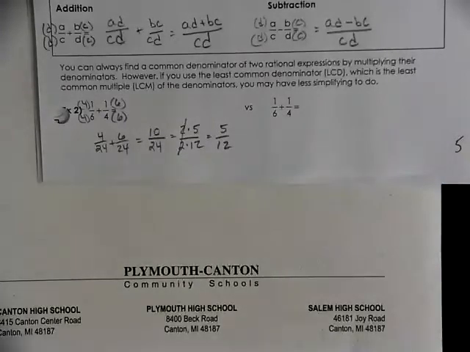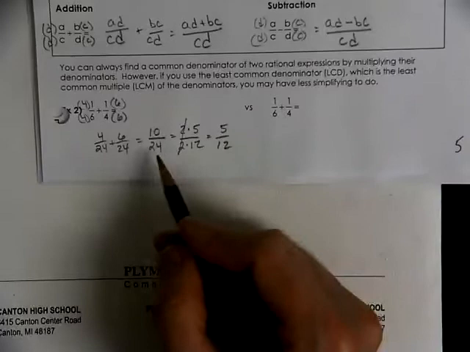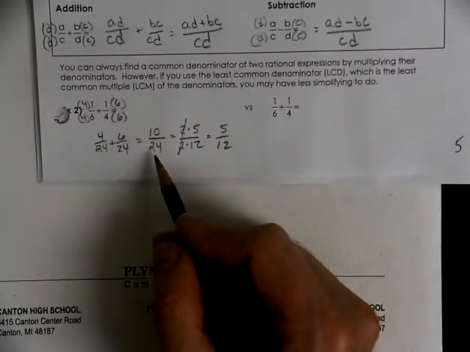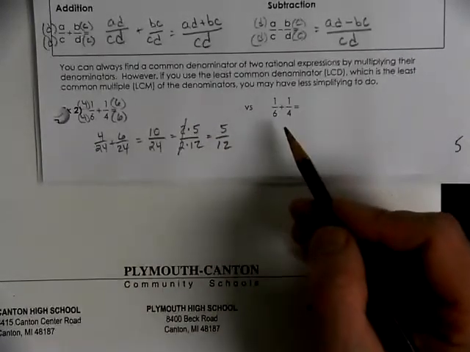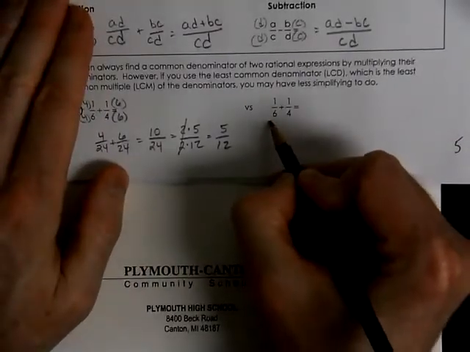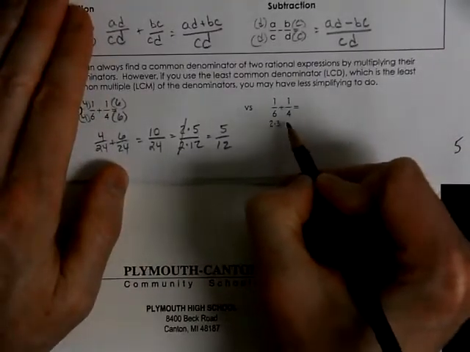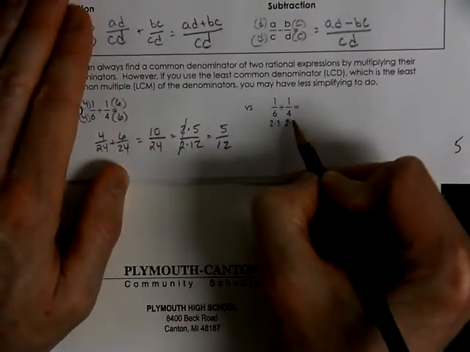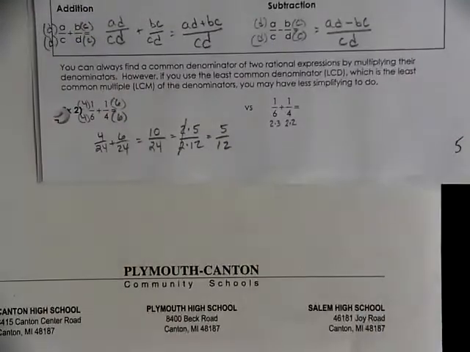So notice how we simplified our answer. Well, if we take into account that 6 is made up of 2 times 3, and 4 is made up of 2 times 2, they both have a 2 in it already.